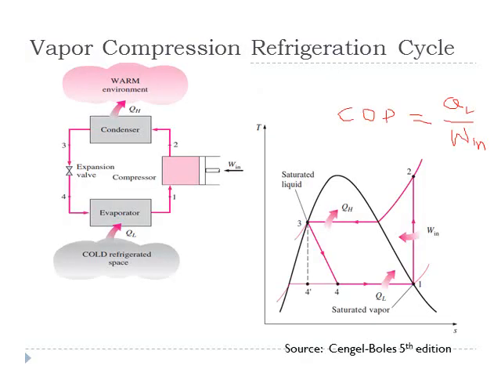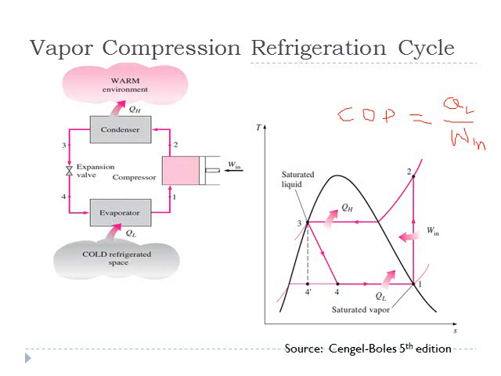Vapor compression refrigeration cycle. In the previous lecture, we learned that it includes 4 main components, including compressor, condenser, expansion valve, and an evaporator. The processes carried out in these components are represented on TS diagram. We can see that 1 to 2 is an isentropic process represented as a vertical line.